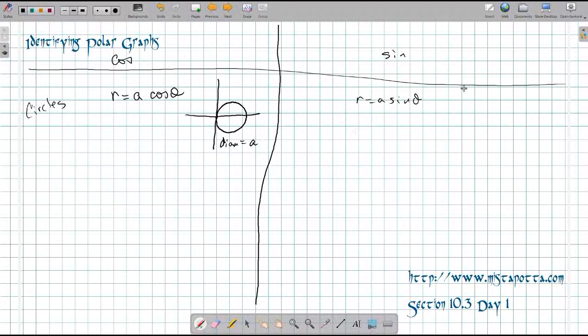For r equals a sine theta, I'm also going to have a circle, but here my circle is going to be on the y-axis. And that relationship seems sound because we know that cosine is what we're using to determine our x-coordinate. And so what we end up having is x-axis symmetry.